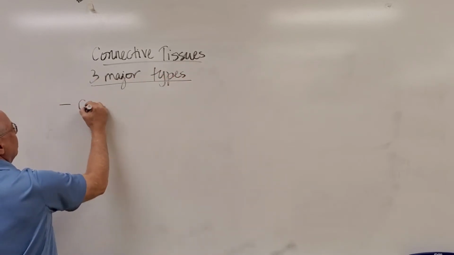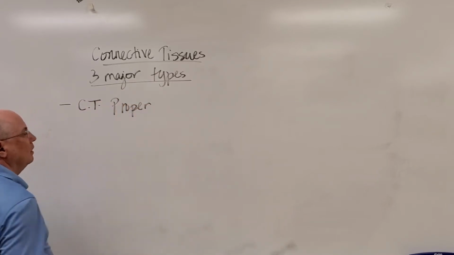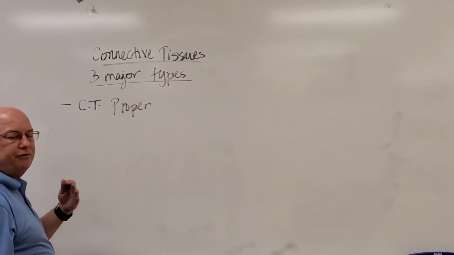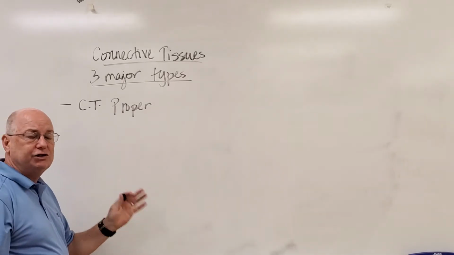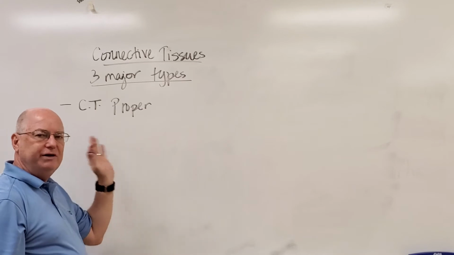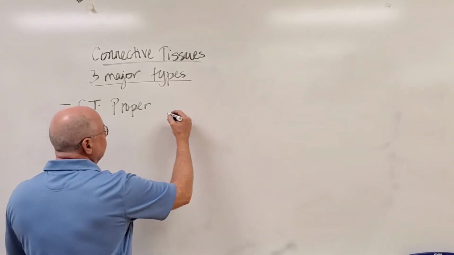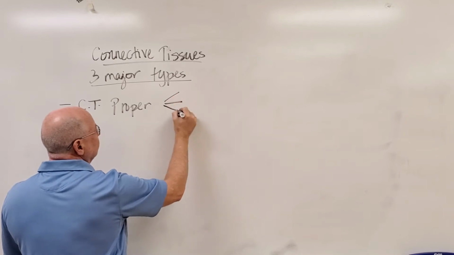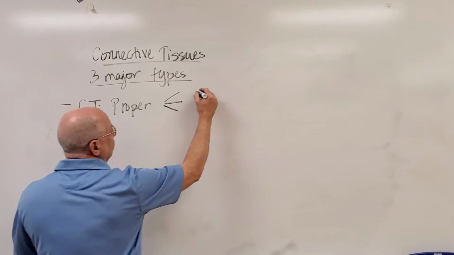One of those major types is called connective tissue proper. I'm just going to put CT proper for connective tissue proper. You cannot abbreviate on lab tests, you have to write it all out. For connective tissue proper, there's going to be 3 subtypes that we look at. There's actually more than that, but right now we're only going to look at 3 subtypes, okay?